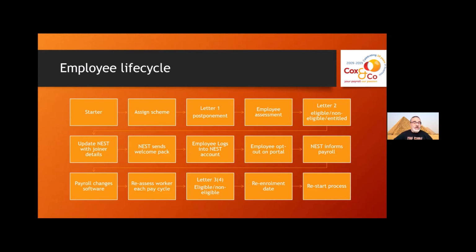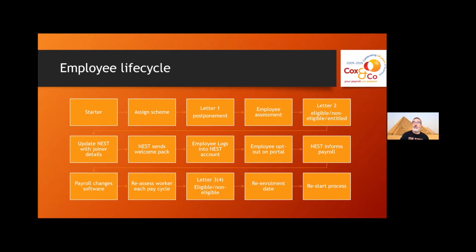So at the appropriate time, and bearing in mind the timeline, we're then going to update Nest with the joiner details. So we will upload a joiner file to Nest saying that this worker has become a member. It doesn't tell Nest anything more. Actually it does, because you do determine it. Broadly, it tells Nest whether they've been automatically enrolled or whether they've opted in.